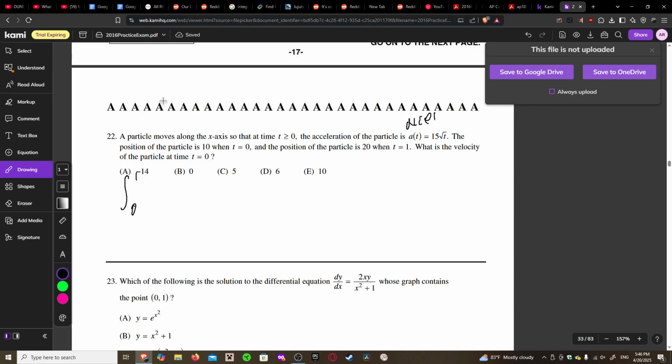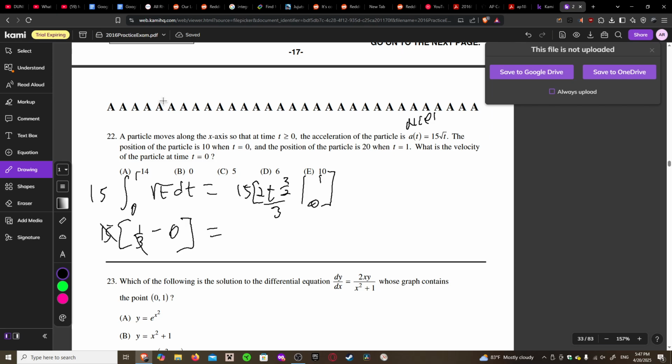And the position, plus 15, which is equal to 5.